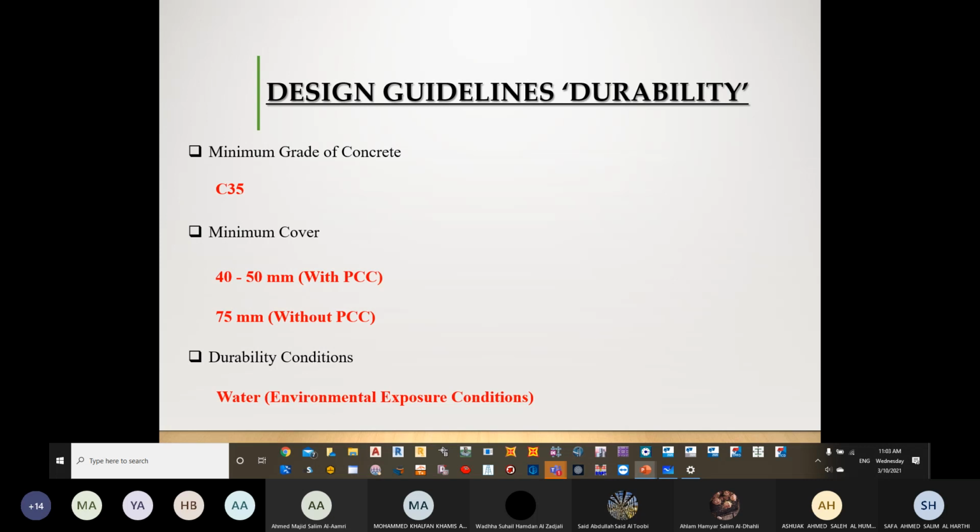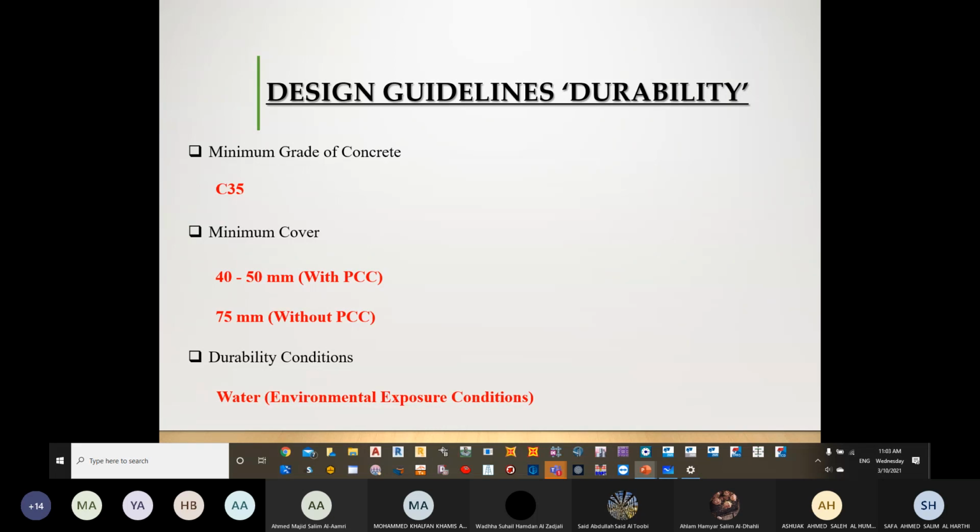Normally, here in Oman, before building our foundation, we do a BCC layer. If you have a BCC layer, the minimum is 40 to 50. The minimum is 40. In Oman, we normally use 50 mm cover for the foundation.